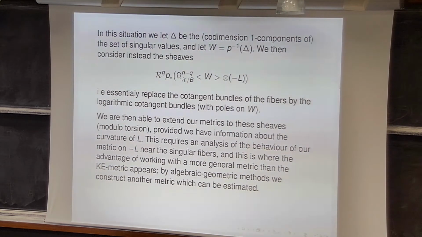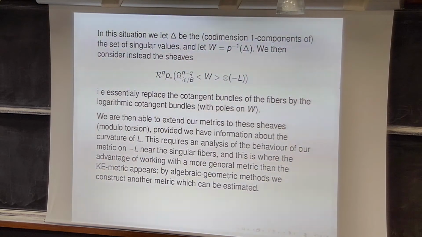We are looking at a situation where the fibers are equidimensional, but there are some bad fibers that have singularities, and actually we are assuming that they form a divisor of simple normal crossings, etc.